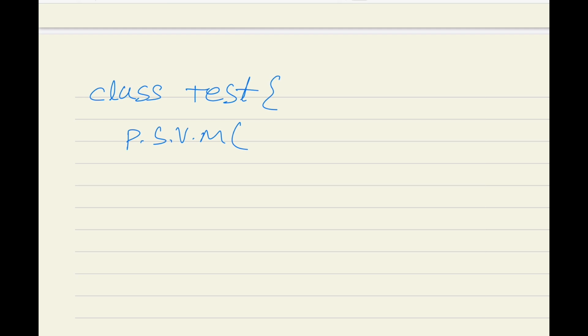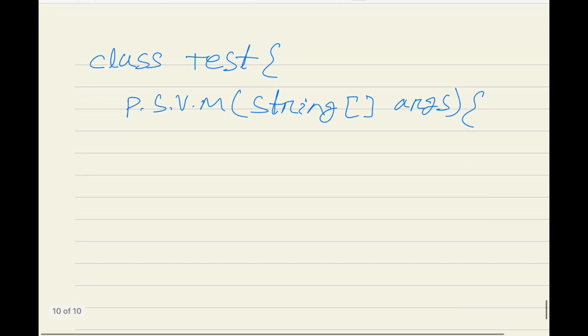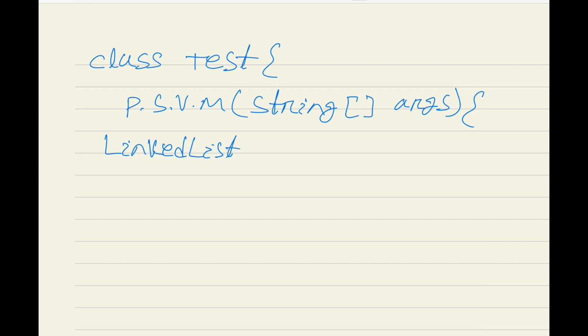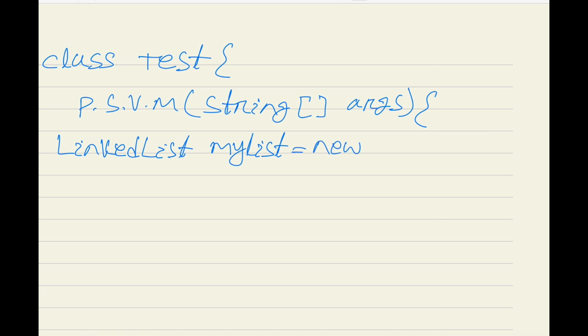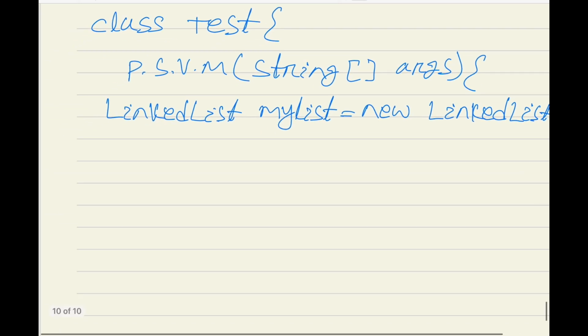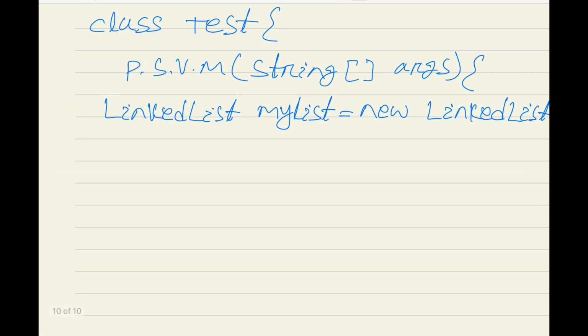So I am writing psvm, then String args, then we can write LinkedList, and the object name may be mylist. So LinkedList mylist equal to new LinkedList. So we can create a linked list object like this.